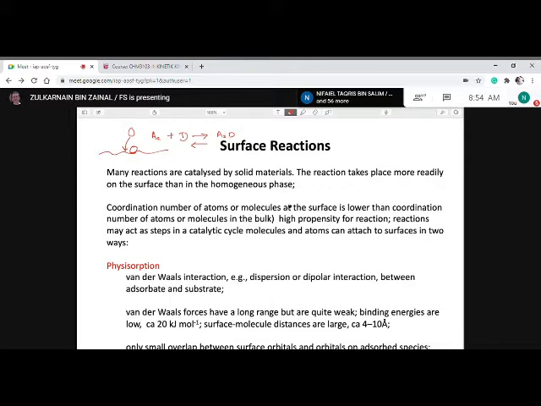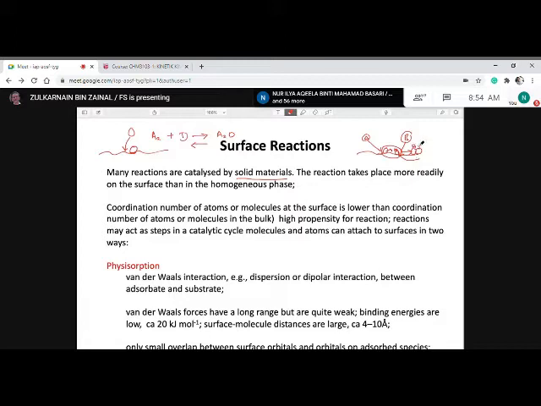Okay, surface reaction. Many reactions are catalyzed by solid surfaces, right? After adsorbate A, for example, adsorbs on the surface, and then adsorbate B adsorbs on the surface, these two adsorbates fuse to each other and then react to form a different compound, for example, AB.